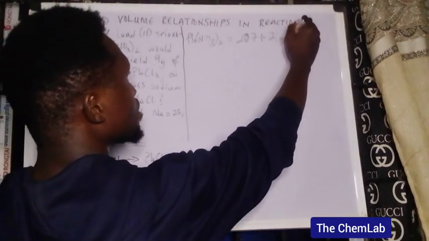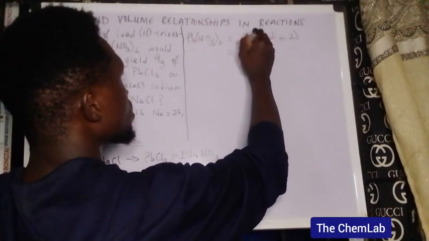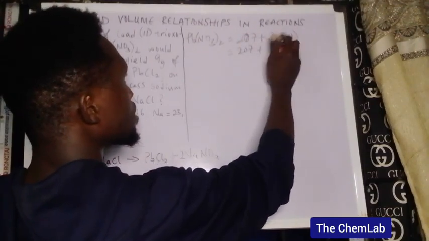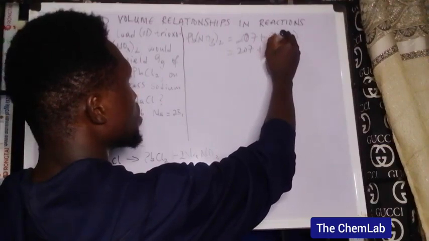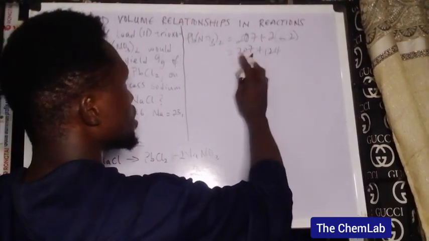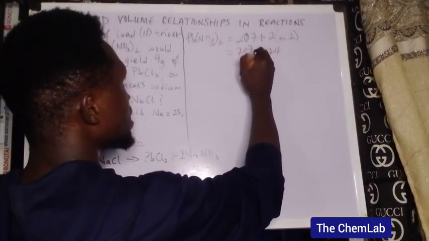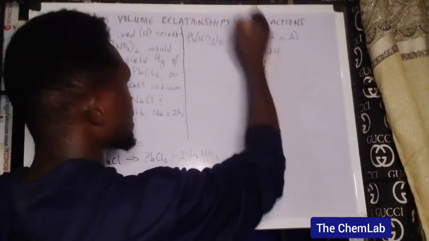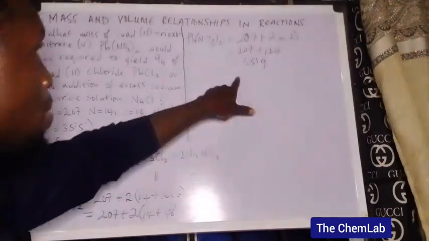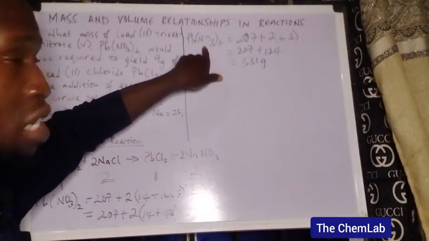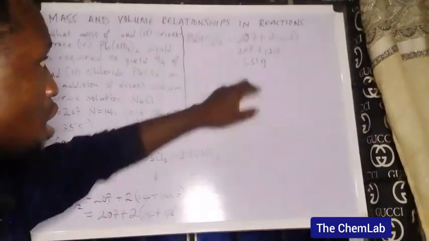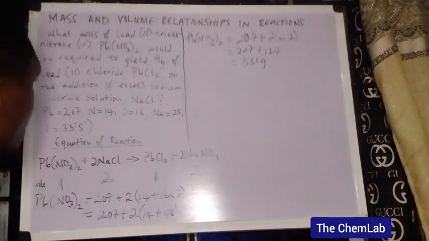So we have 207 plus 2 times 62, which gives us 124. So the answer here is 331 gram. That's the molar mass of lead(II) nitrate. Now we have gotten the molar mass.